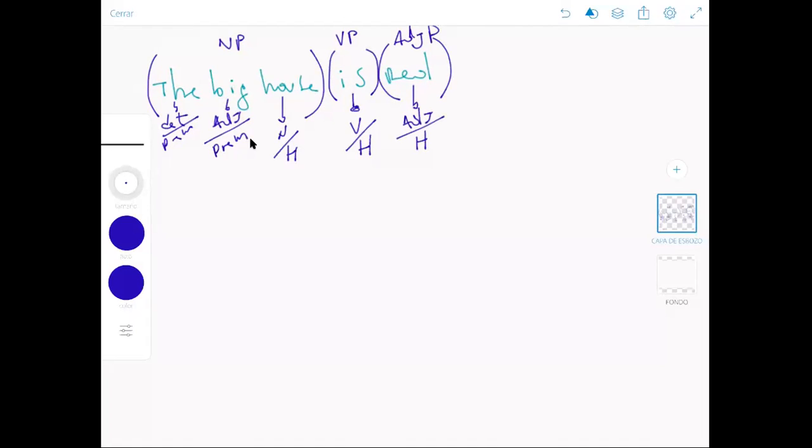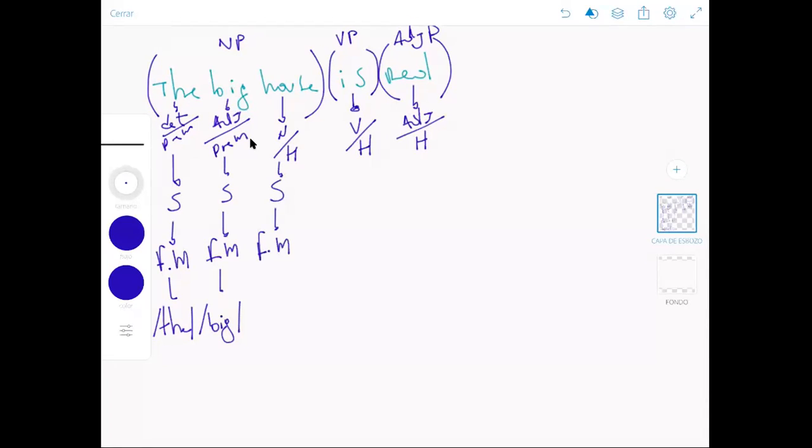No. Ya, maravilloso. Lo que viene ahora entonces es el análisis de cada uno de estos lexemes. Entonces yo voy a decir que the es simple, que está hecho de un free morpheme y que es the. Voy a decir que big es simple, que está hecho de un free morpheme y que el morpheme es big. Voy a decir que house es simple, está hecho de un free morpheme y que ese free morpheme es house.